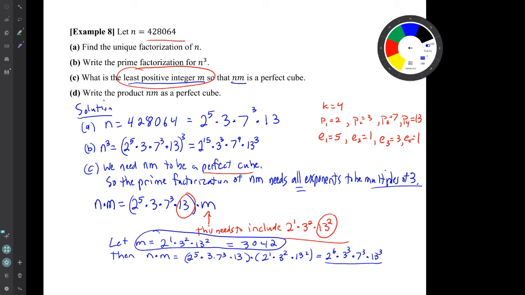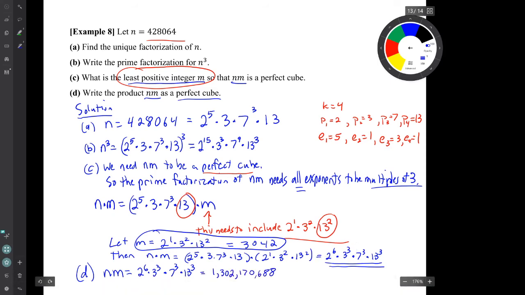Now, the question D says to write that number as a perfect cube. Well, what is that number? I don't really want to do that number, but I'm going to just for fun. With a computer, I can find this out. This is 1,302,170,688.